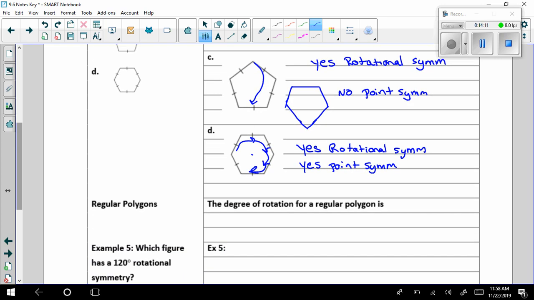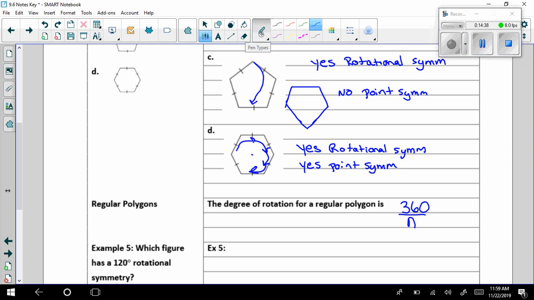All right, so as we spin these, the degree of rotation is talking about, again, how many degrees can you spin it before it locks into place, before it looks identical to the pre-image. Because there are 360 degrees in a circle, if we just divide that by the number of times that we can spin it, it will give us our degree of rotation.